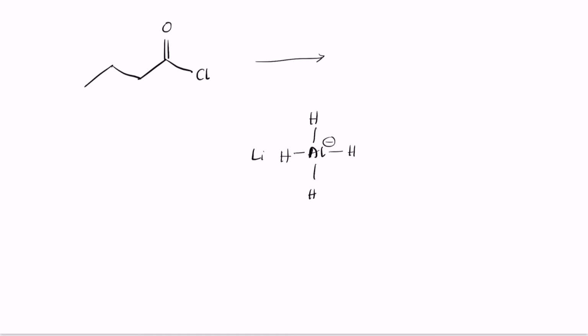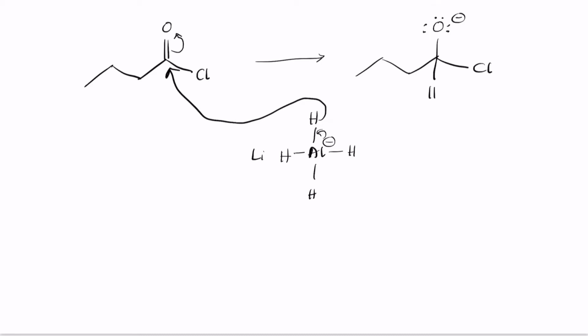So what happens now? The negative charge goes to the hydrogen. The hydrogen then attacks the carbonyl carbon. So this results in the formation of this structure. So the carbon will donate its electrons to the oxygen now, creating oxygen negative and a chlorine here and a hydrogen here.